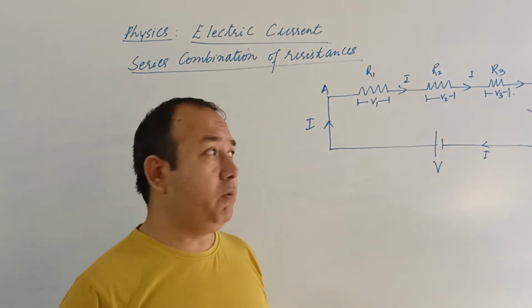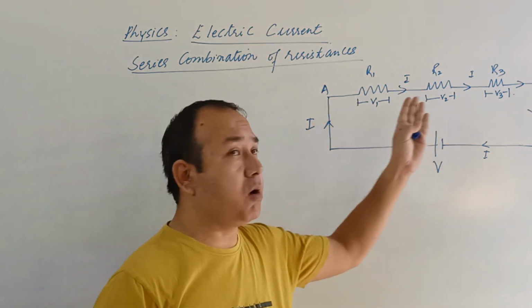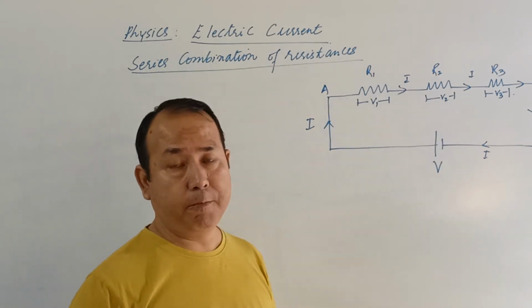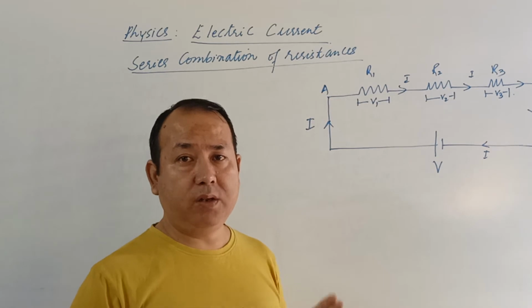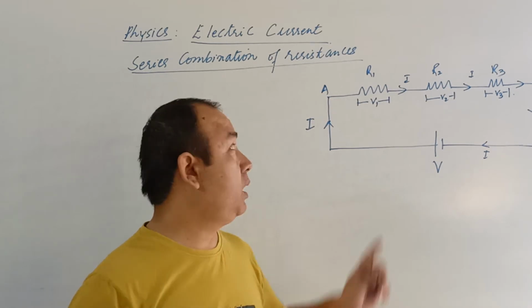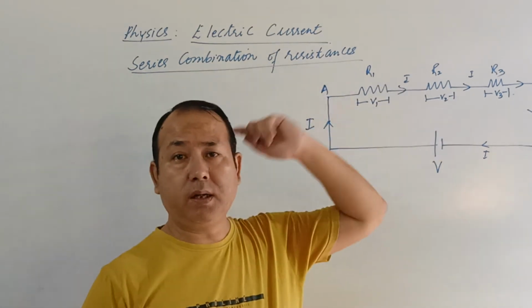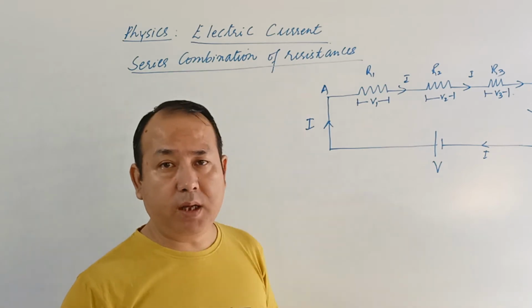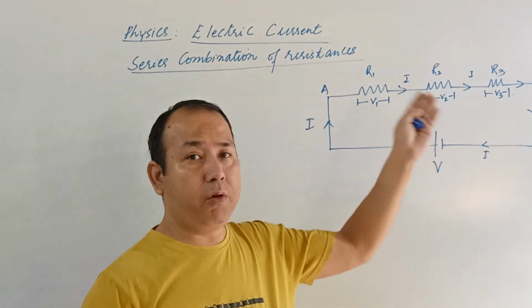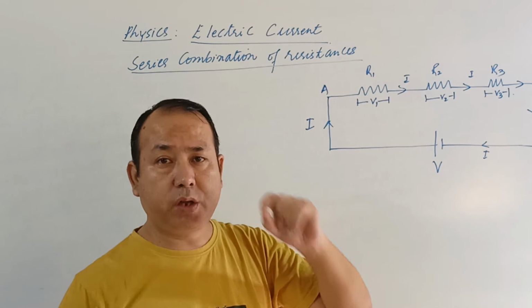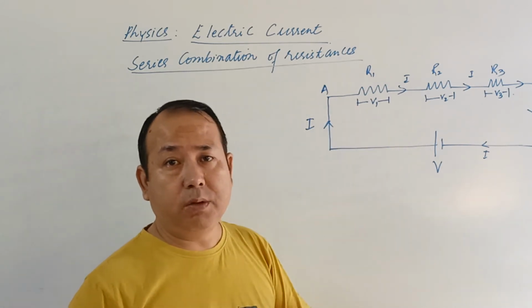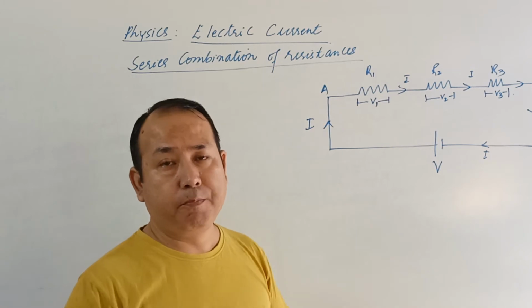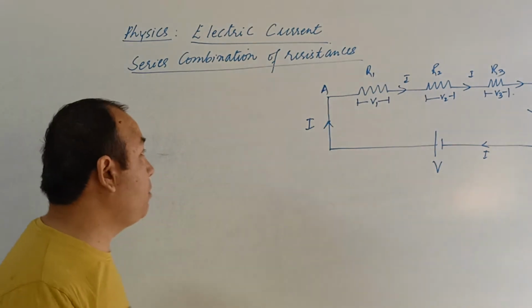And the third, the potential difference across each of the resistors is different. So a number of resistances are said to be connected in series combination if there is a single path for the electric current to flow, the electric current flowing through each resistor is the same, and the potential difference across each resistor is different. These are the points which you need to remember here.